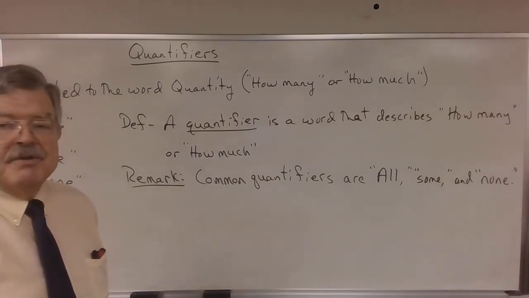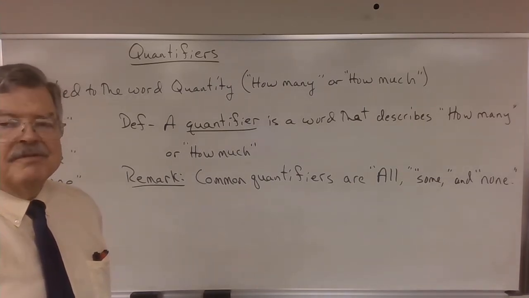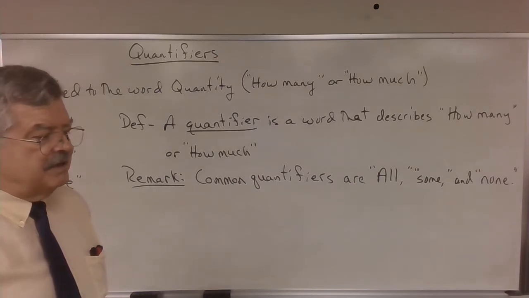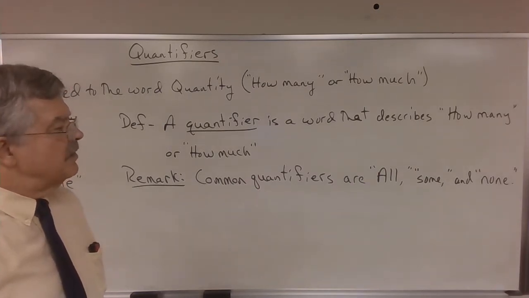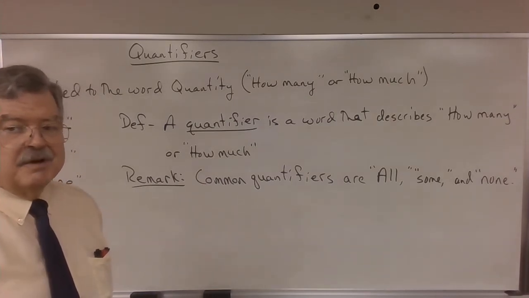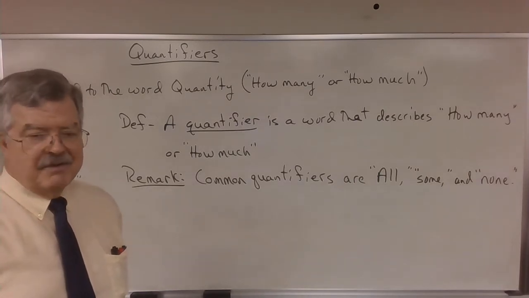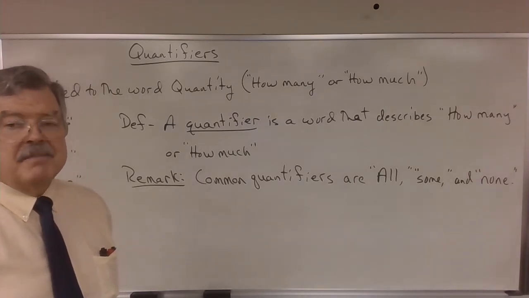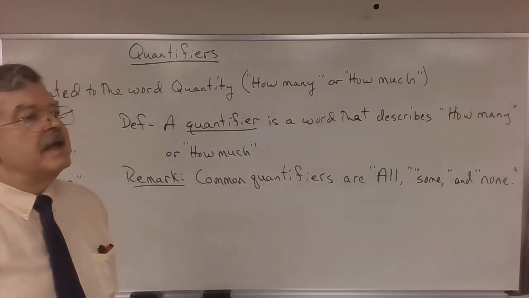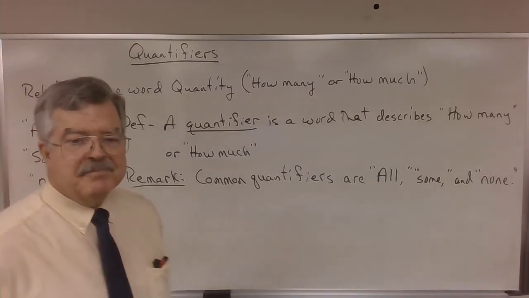The connection between quantifiers and forms of the verb to be. And typically, we don't have a quantifier without a form of the verb to be. So let's put some of these together and consider what they mean and what they don't mean, and consider what the negations of these things are.